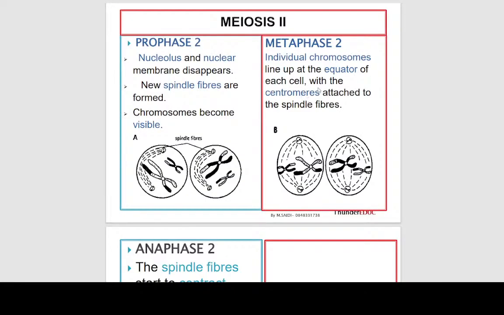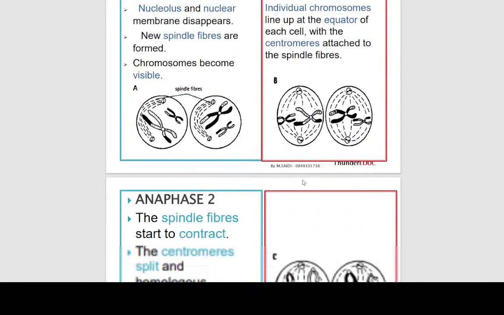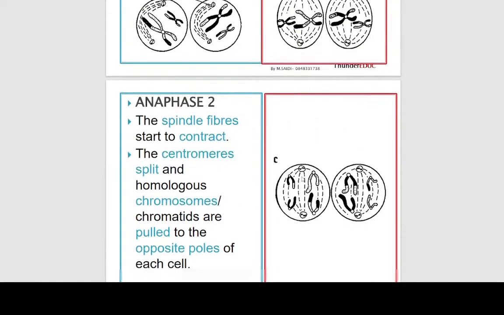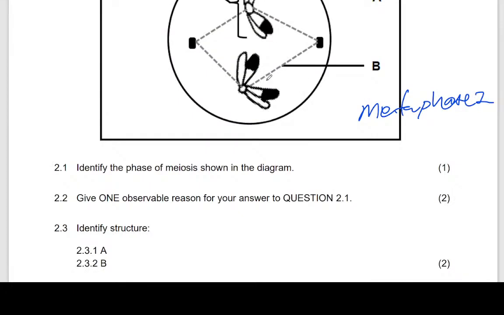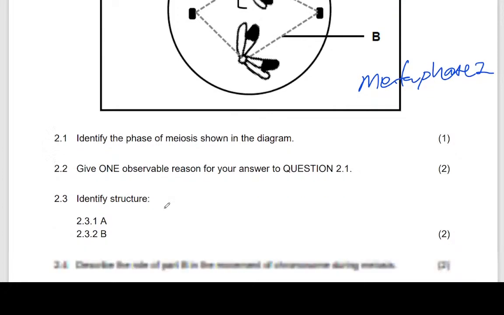So we say that the centrioles are attached to the spindle fibers. So when these centrioles move and split, they tend to pull these chromosomes. You see that they are being pulled. What pulls them? The spindle fibers. So the spindle fibers pull these chromosomes or chromatids to opposite poles.